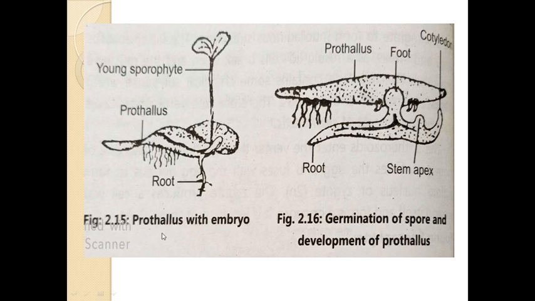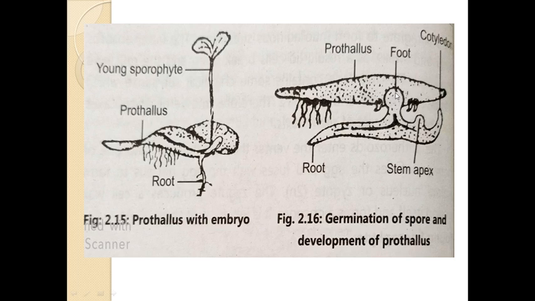After this, see here the foot, it is embedded into the prothalli and absorbs nourishment. See, this is the foot. Then this is the root. This is the prothalli, this is the stem apex, and these are the cotyledons.